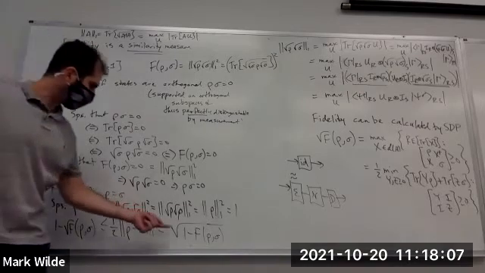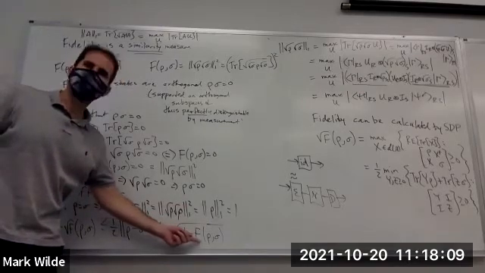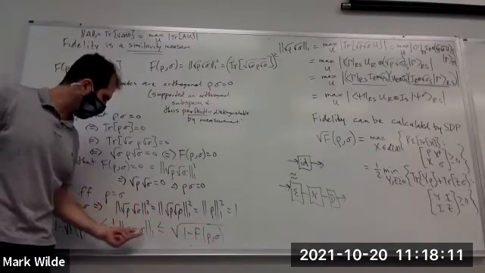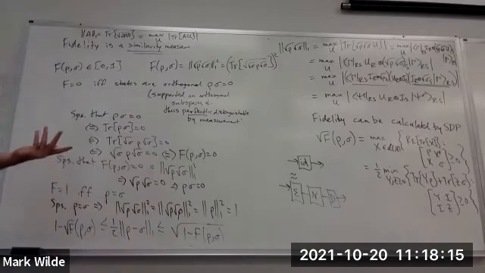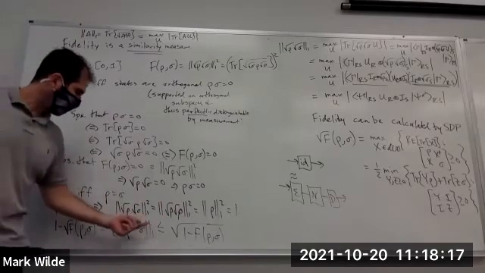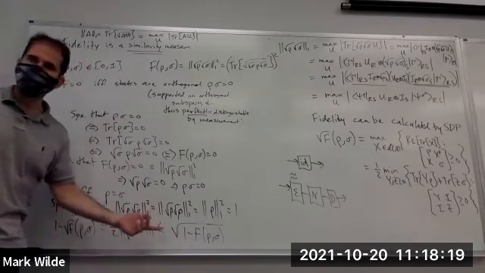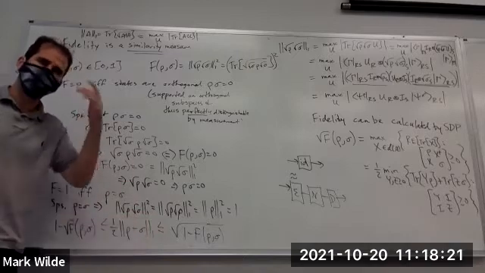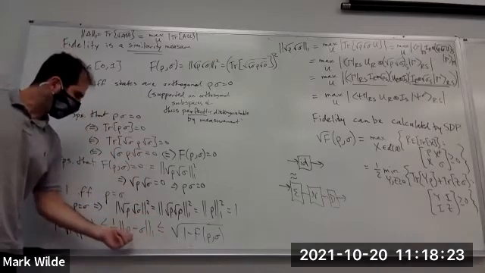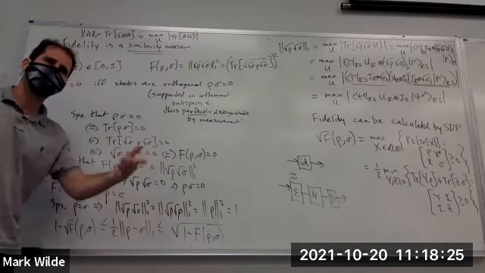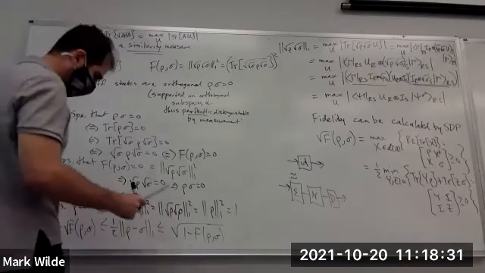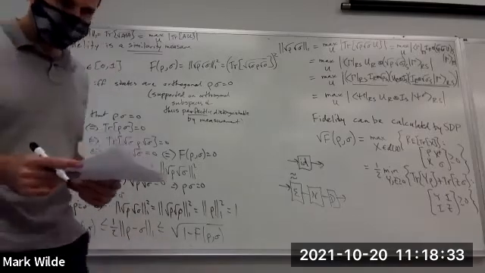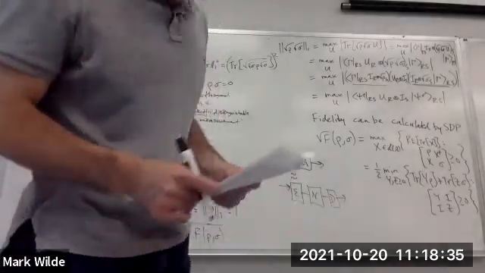And here you see it pretty easily: if fidelity is 1, then the upper bound on the trace distance is 0. The trace distance is always greater than or equal to 0. So both of those facts together imply that the trace distance is 0. And then using the property of a norm, rho minus sigma is 0, so rho equals sigma. So that's another way to see it. Okay. More properties of fidelity.